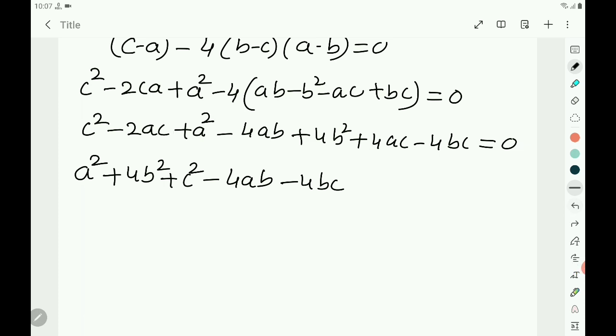In that case it becomes 4ac minus 2ac is plus 2ac, equals 0.